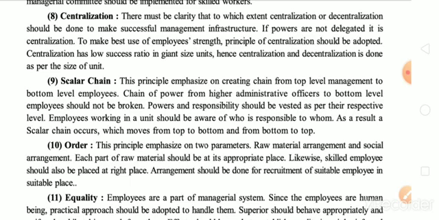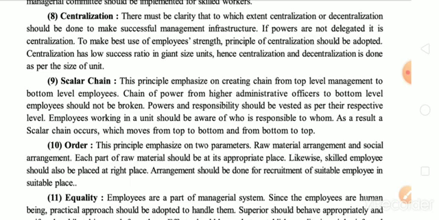Next, employees working in a unit should be aware of who is responsible to whom. This is the clear-cut point of organization where the proper command and proper superior and subordinate relationship is established.